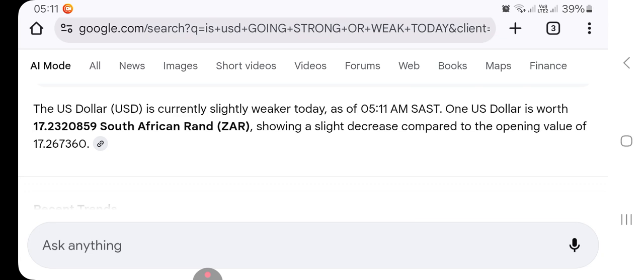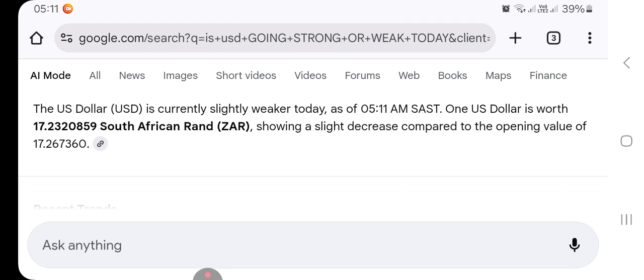Okay, they say the US dollar is currently slightly weaker. You can see the US dollar is weak, guys.